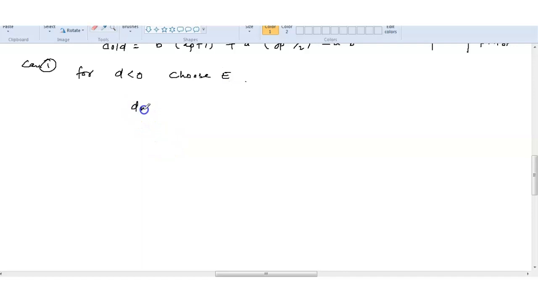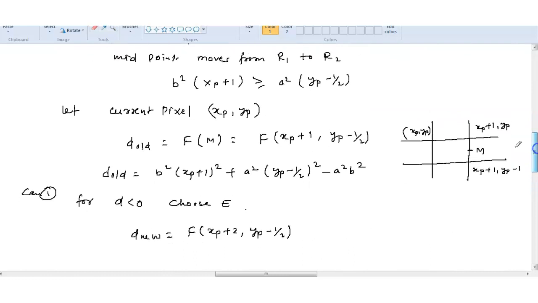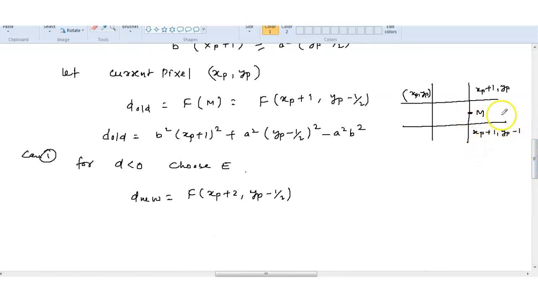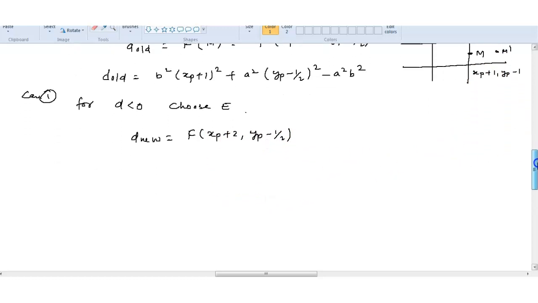So when east is the choice here, we know that the new d m value will be f of xp plus 2 and yp minus half, as we discussed in the ellipse also. If it is coming to this point here, the next point will be this one, m dash, which is xp plus 2 and yp minus half, and this point we will substitute in the equation of the ellipse.